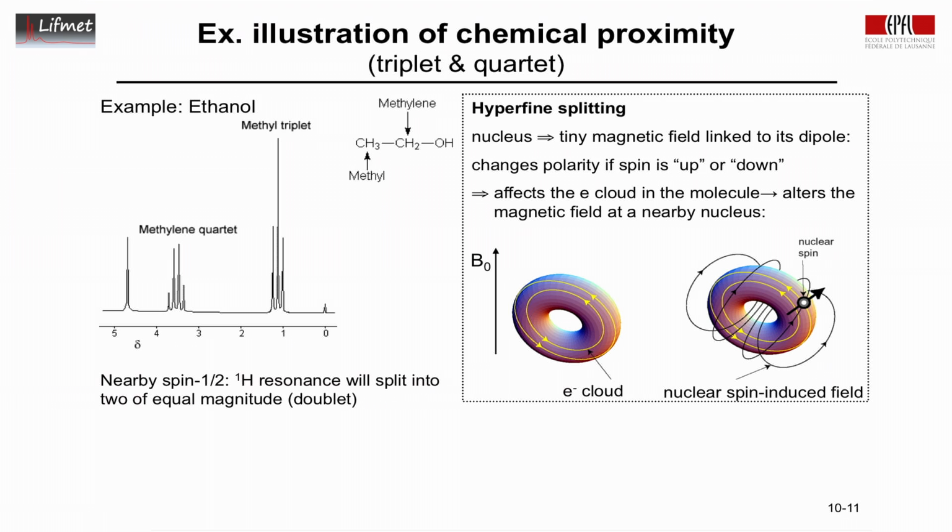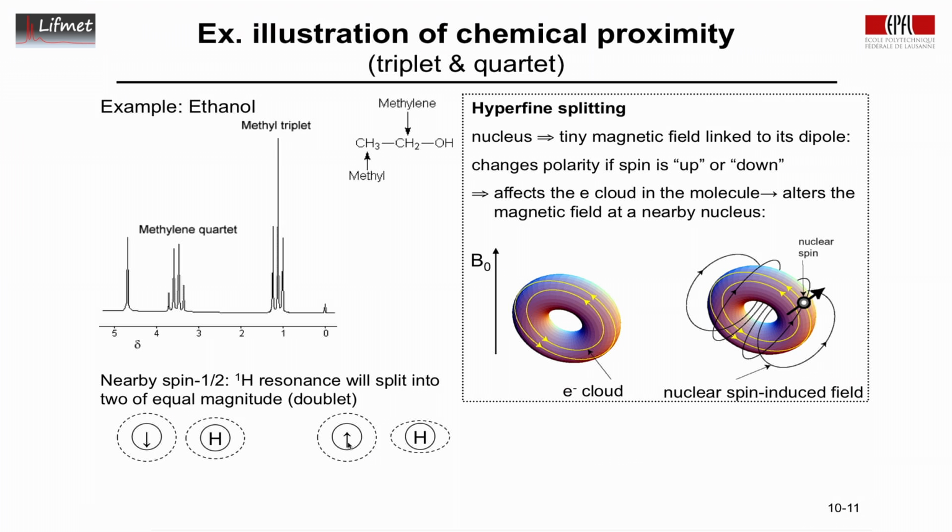So let's say we have a nearby spin 1/2, and we'll look here at the proton resonance. We are interested in this proton here, and we have a nearby spin 1/2 nucleus. Here it's pointing down, and here it's pointing up.